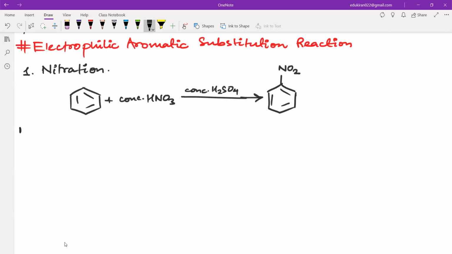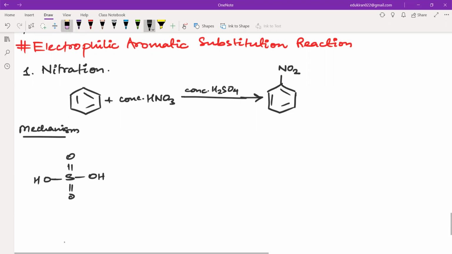Now, how is the mechanism? So the mechanism goes something like this, that we have HNO3 and H2SO4. So the structure of H2SO4 is sulfur, double bond oxygen, OH, OH.